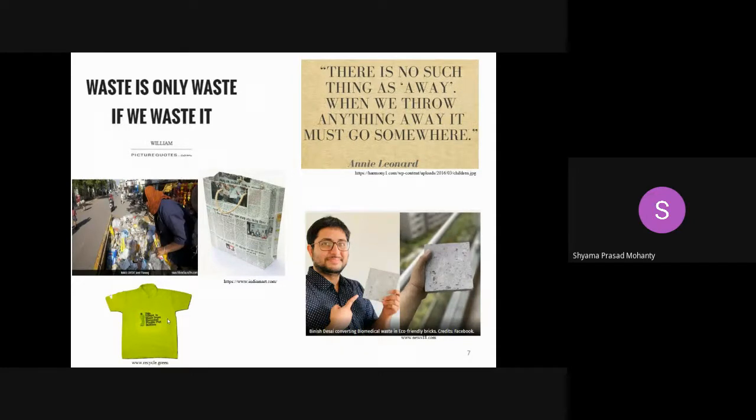Recently, utilizing biomedical waste from PPE kits, some eco-friendly bricks have been fabricated. So these wastes are going into value-added products, and they are no longer waste.